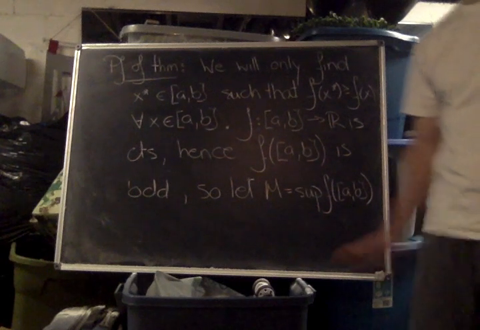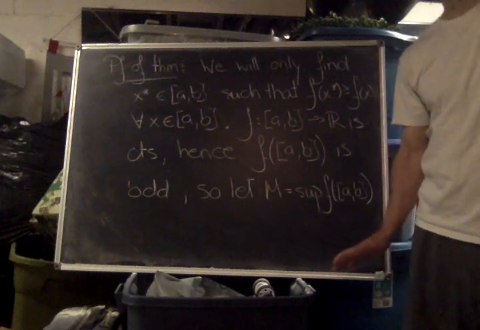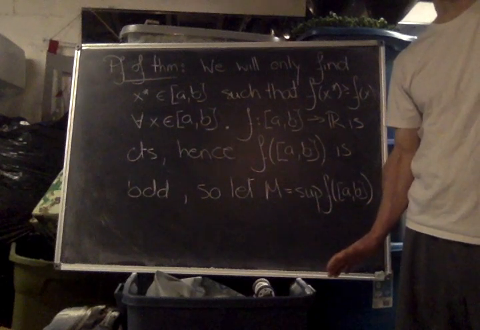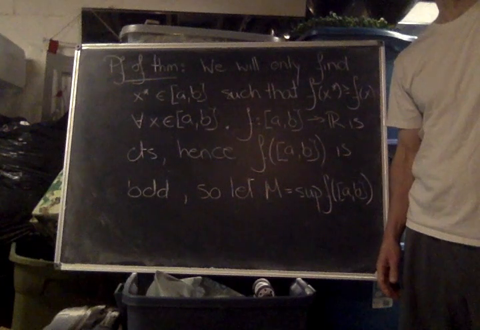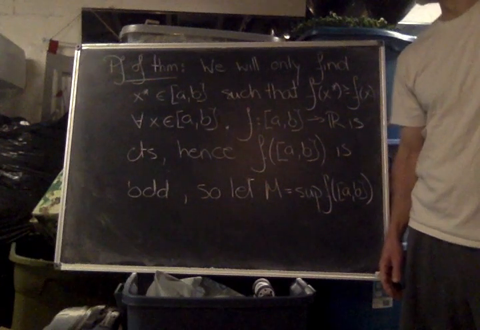Then from that sequence of points, we're going to find a convergent subsequence, and that's going to give us our x upper star. Okay? So, let's see how that works.